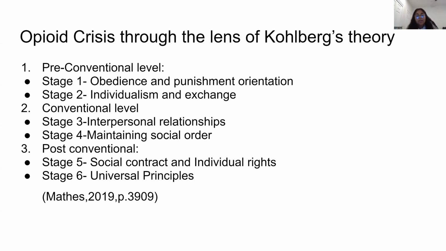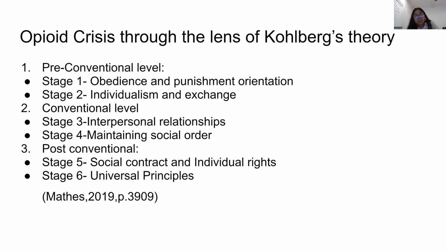And then we have the conventional level with stage 3, the interpersonal relationships. In the context of the opioid crisis, social judgment may play a significant role. Society might stigmatize those affected and avoid the development of empathy and compassionate response to those battling addiction.